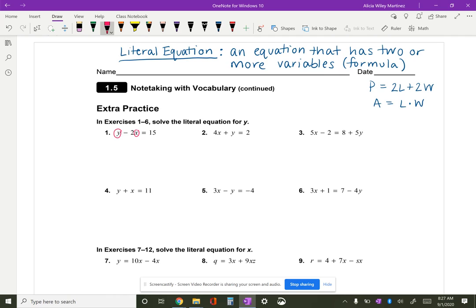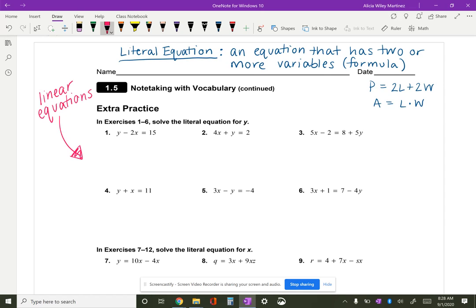So this is another form of a literal equation. These literal equations in these problems just happen to also be linear equations. And we have been solving linear equations, meaning we're getting at most one answer for x. What you'll see later in chapter 3 is we're going to be graphing these linear equations, and they will look a lot more like the ones that you see here.